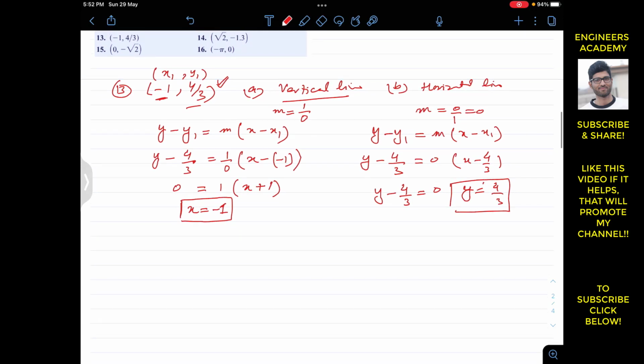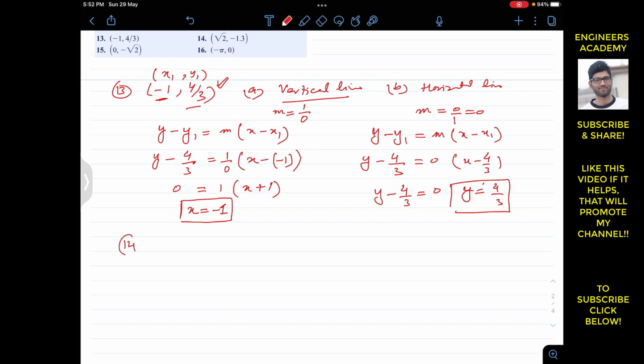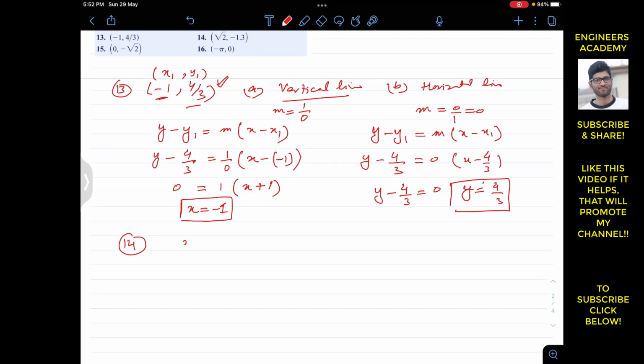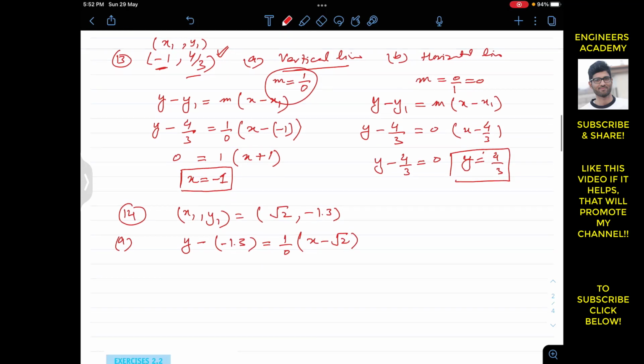So now problem 14. The given point x1, y1 is equal to square root 2 and minus 1.3. Again we are using the point slope equation. So we have y minus y1, where y1 is minus 1.3, and for part A, the slope is 1 divided by 0, and then x minus x1, where x1 is square root 2.